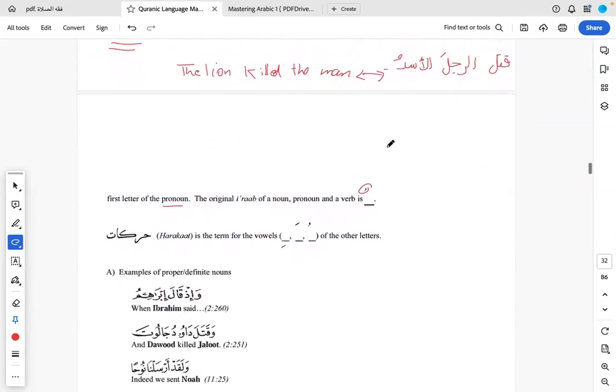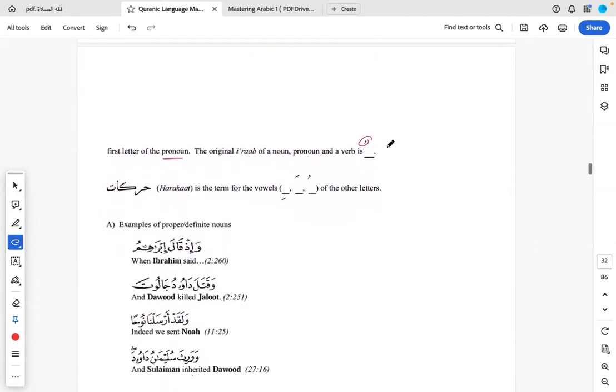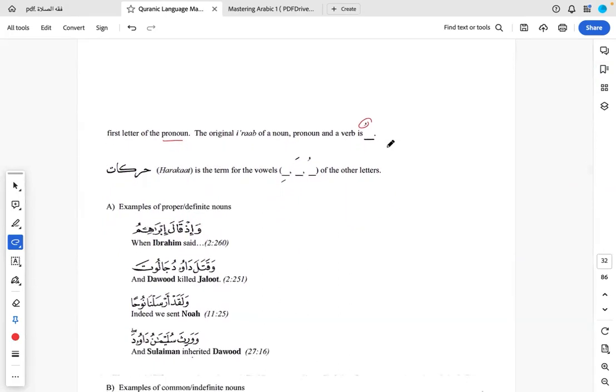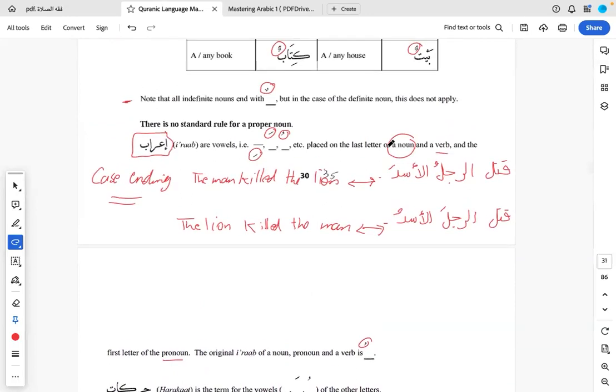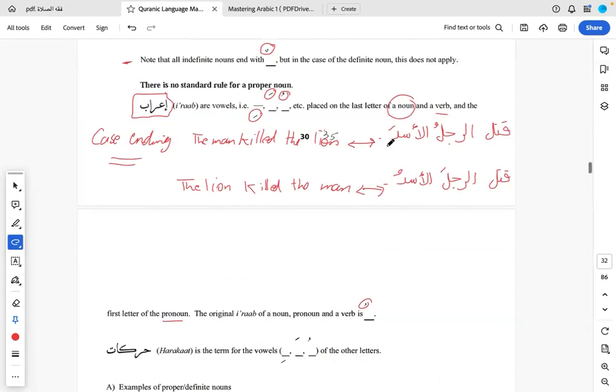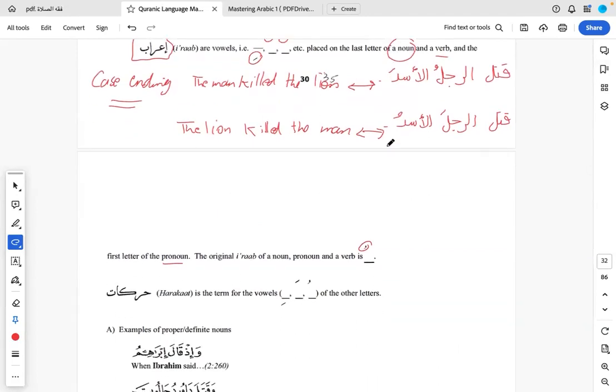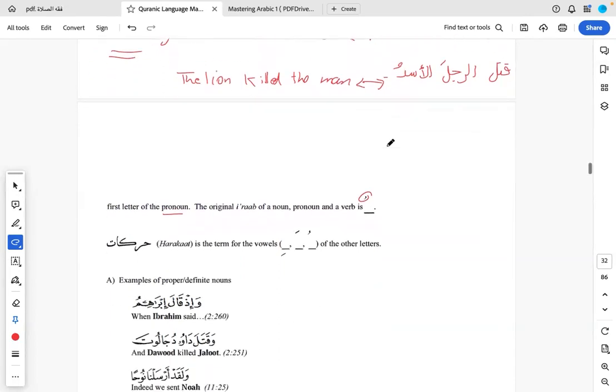Now, the situation for verbs and pronouns is different, but we have said that this lesson is focusing on nouns, and we'll leave verbs and pronouns for later, because it's impossible for us to learn everything at the same time. We need to be systematic and focus, and just try one thing at a time. When we are confident with it, we can move on to another thing.